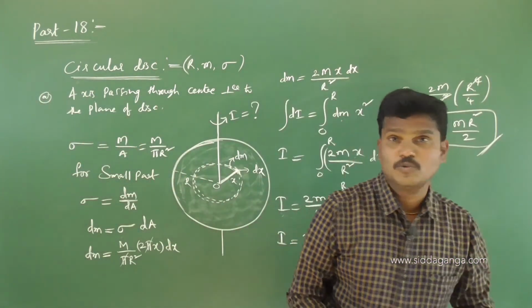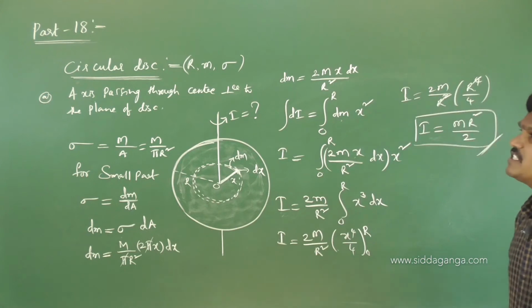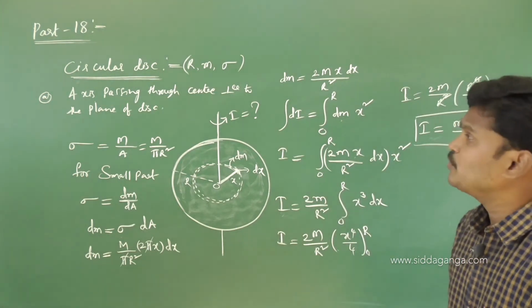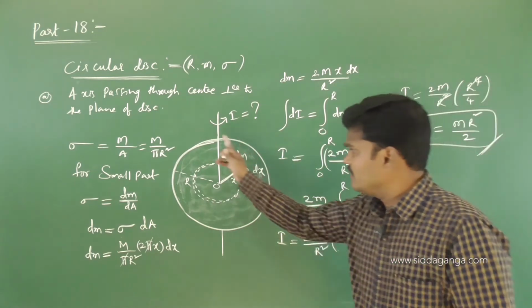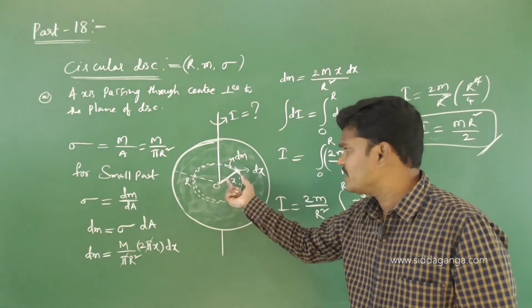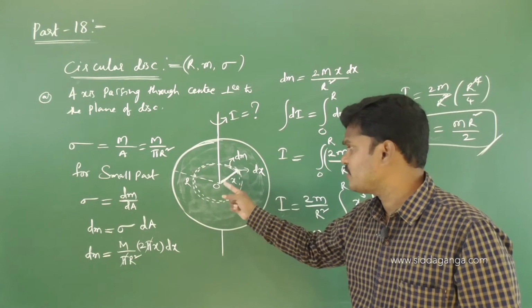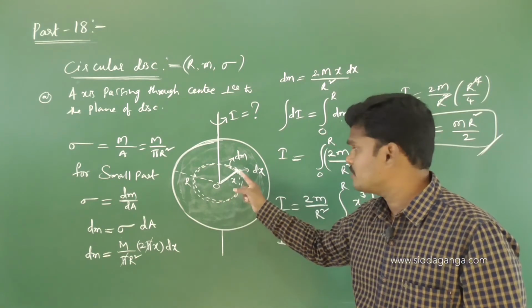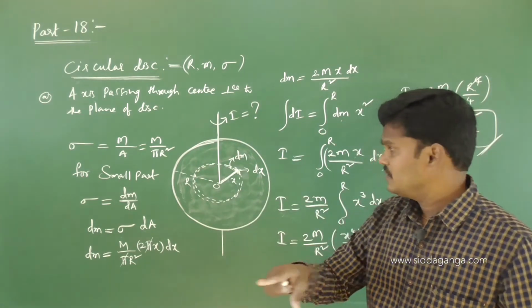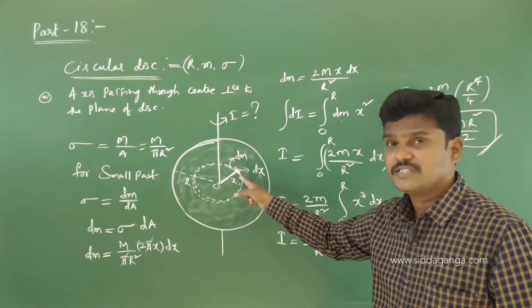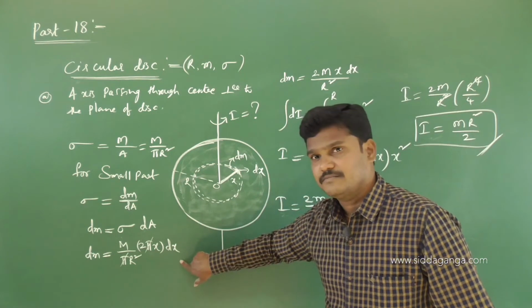See, to calculate the moment of inertia of the circular disc about an axis passing through the center perpendicular to the plane of the disc, I just took a small elemental part at a distance of x from the center, and that part will have a thickness dx. The length of the part is 2 pi x. So the area of this small part is 2 pi x into dx.